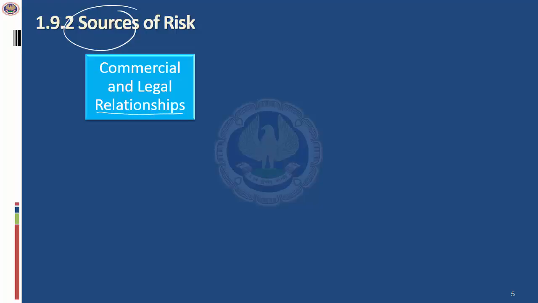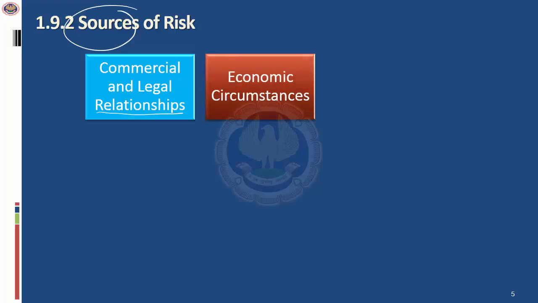For example, you have a relationship with a vendor who is supposed to provide a particular service. The vendor goes out of business or the vendor doesn't adhere to the contract. So there is a big risk. For example, you're depending on the network to provide service to the customers. That network service provider goes out of business or is not able to provide the service due to breakdown, and that will impact the service delivery to the customers. So this is one source of risk, your dependency on various vendors with whom you have contracts.